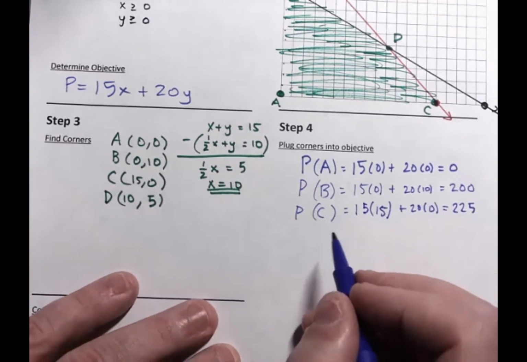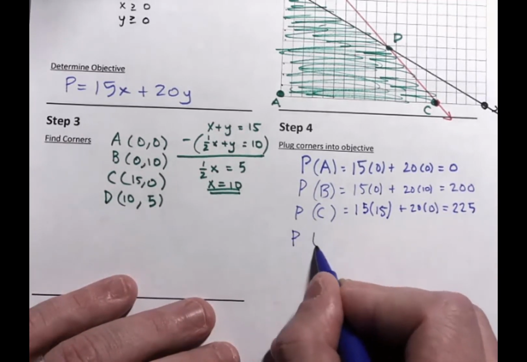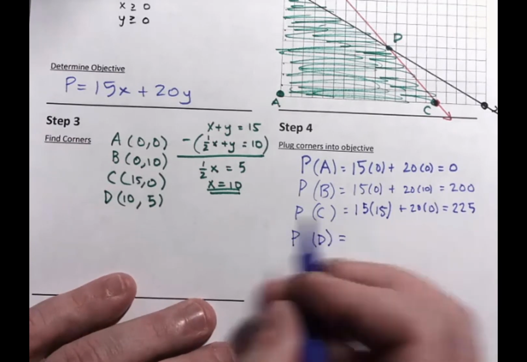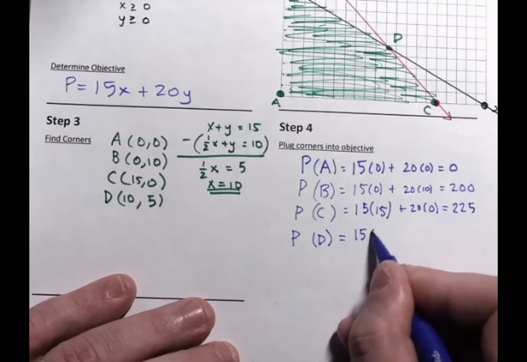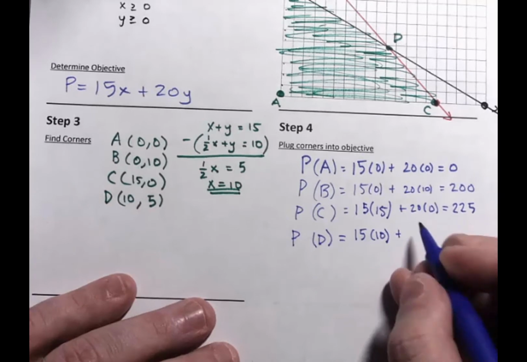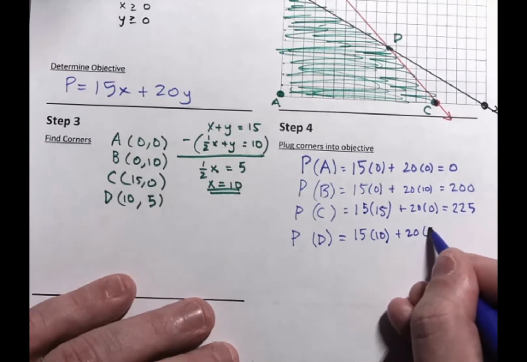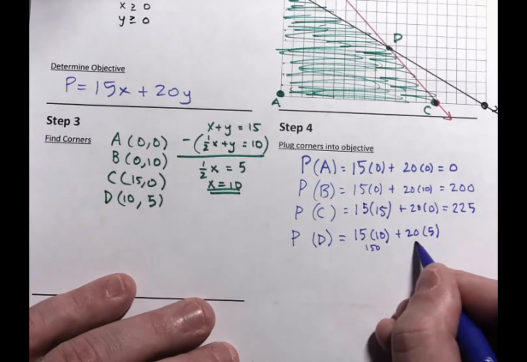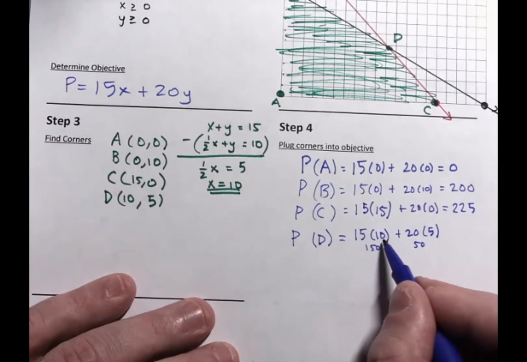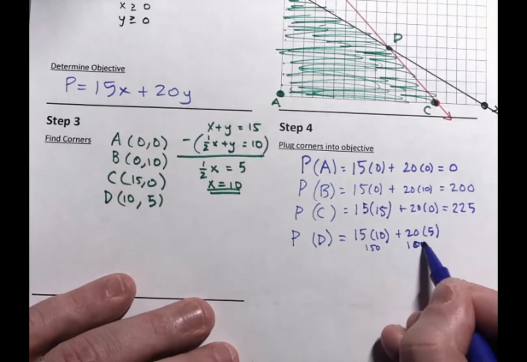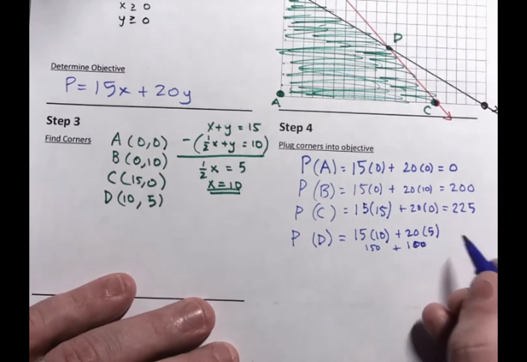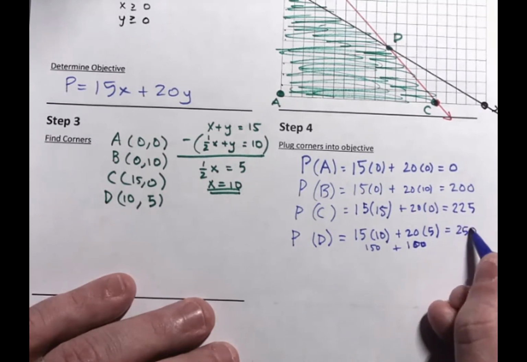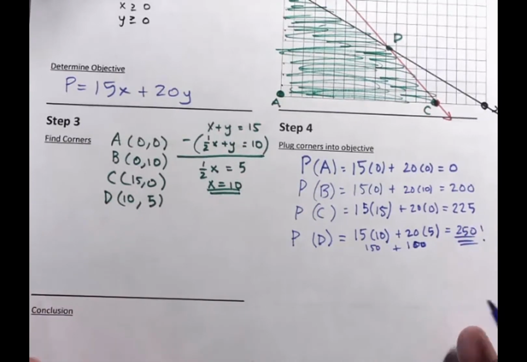So she makes a little bit more money from that situation. And finally, point D would be 15 with the 10 and 20 with the 5. And this is, of course, 150, and this one's an extra, sorry, $100, and 100 plus 150 is 250. So there's our happiest profit.